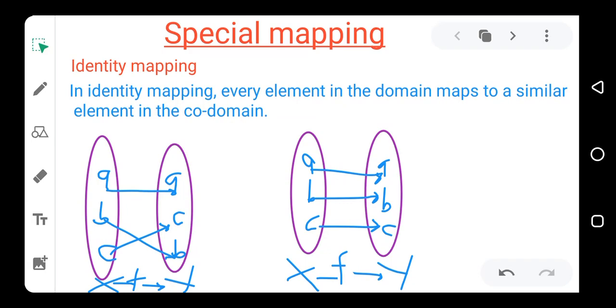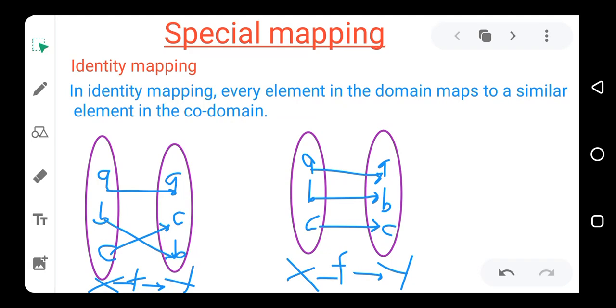So all the elements in the domain have images in the codomain, and all the elements in the codomain are images of elements in the domain. So no element is left out in the codomain. So that is what we call identity mapping.